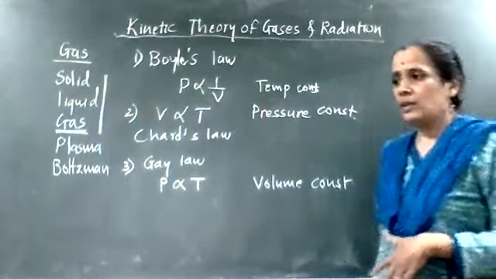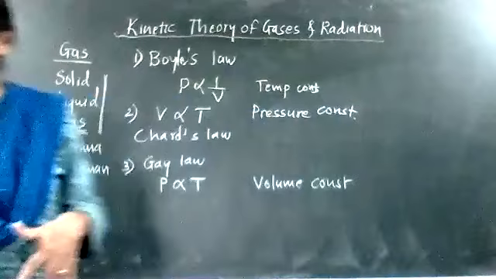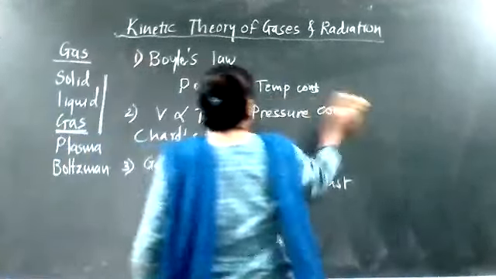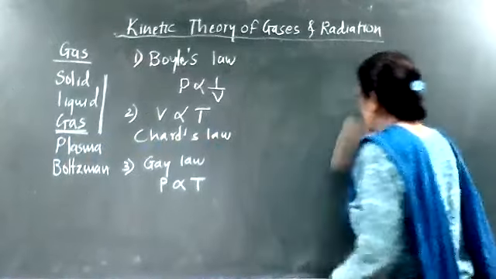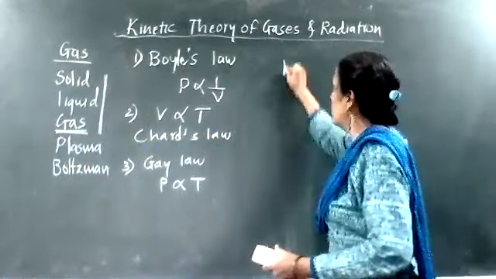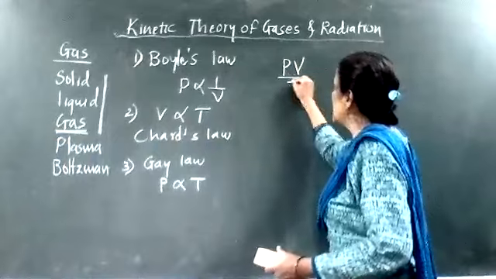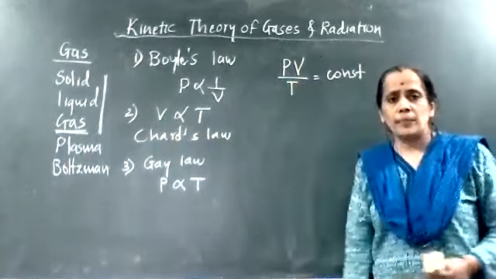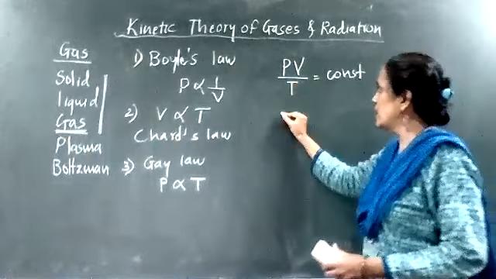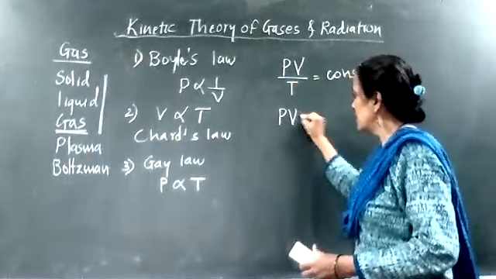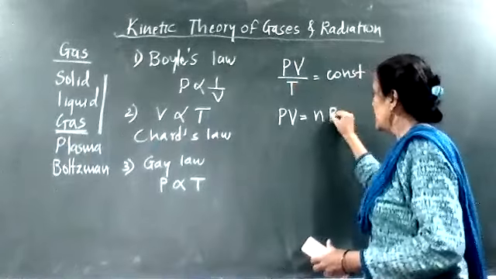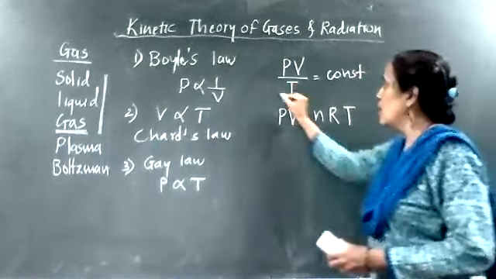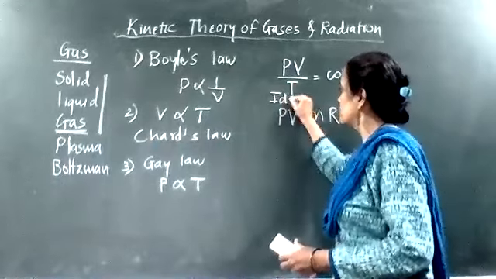Now, if we combine all these three laws together, we can write one more relation. That relation is PV upon T will always remain constant. Furthermore, we write that as PV equals nRT, which is called the ideal gas equation.